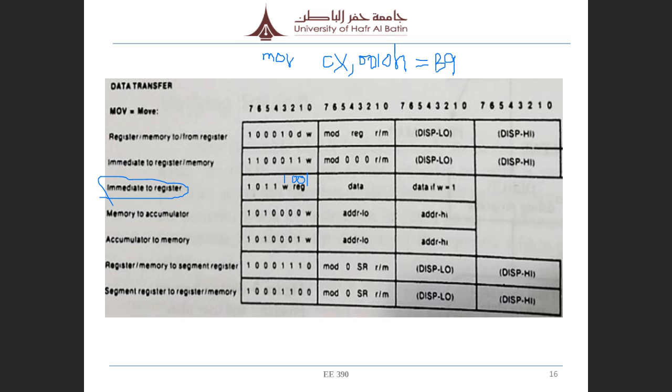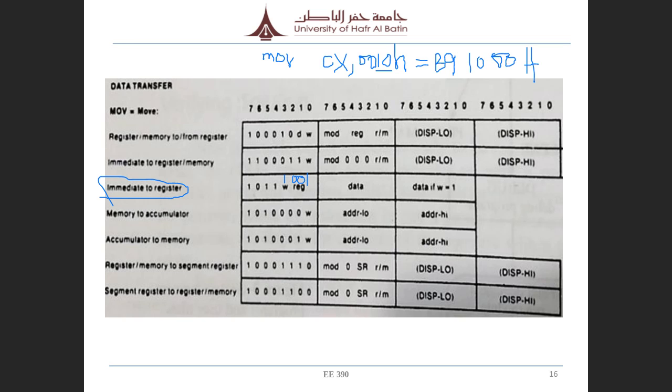Then the second byte will be data, and the third byte also data if it is needed. What is the lower byte? The lower byte is 10, so 10 will come first, and then the higher byte is 00. So in hexadecimal it is B9 1000.